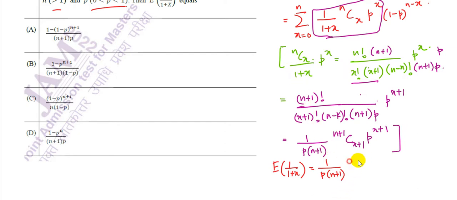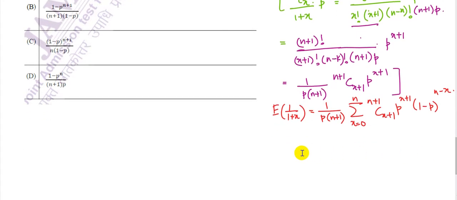They are constants, into the summation of x equal to 0 to n of n plus 1 c x plus 1 into p to the power x plus 1 into 1 minus p to the power n minus x. So this becomes the expression for the expectation of 1 by 1 plus x.